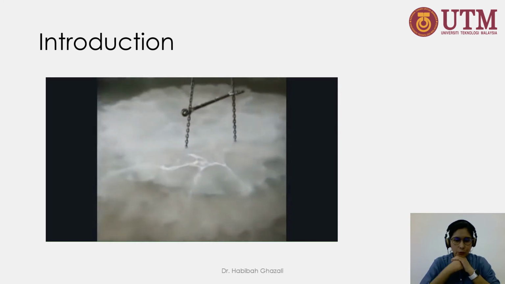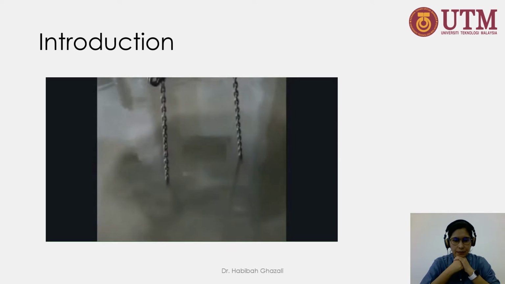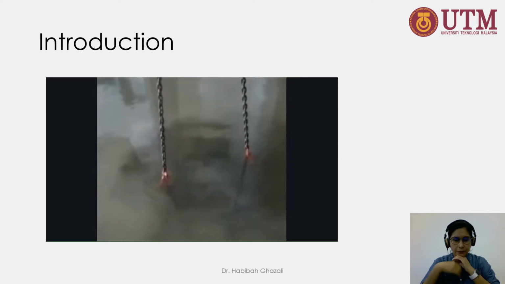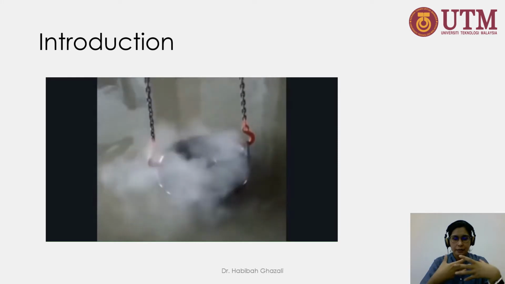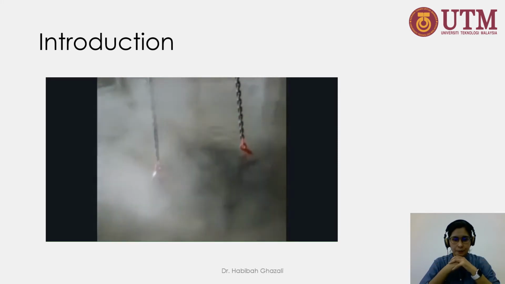In a second, you will see the steel product being lifted up, and you can see that the material has been cooled down. This is what we call the quenching process.